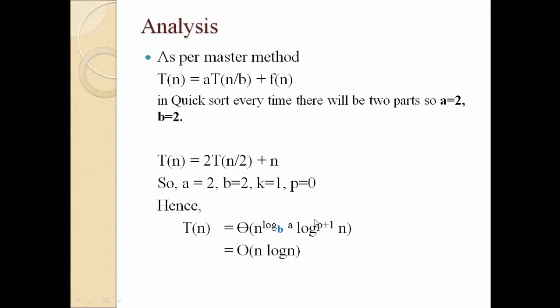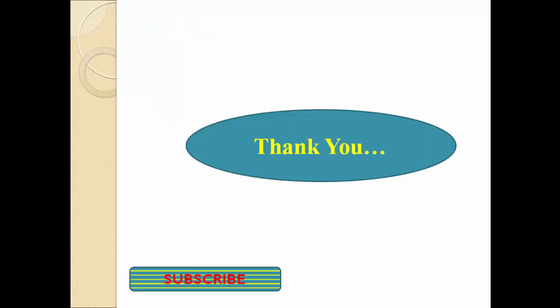Solve this equation by putting in the values of a, b, k and p, and we get a time complexity of theta of n log n. So you know very well how we can find time complexity using the master theorem. So apply the same master theorem here and find the time complexity. You will get time complexity theta of n log n based on the master theorem. So this is the time complexity of the quicksort algorithm.